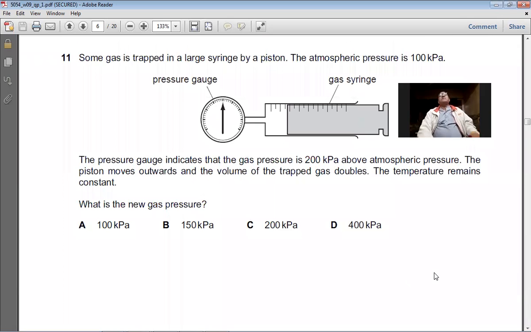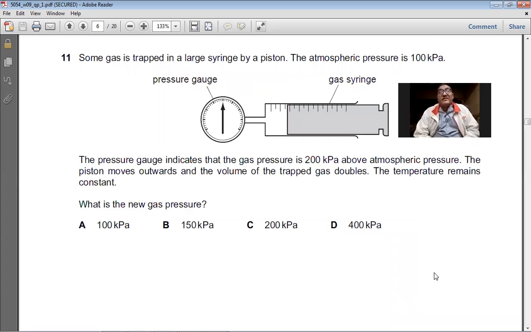It says some gas is trapped in a large syringe by a piston. The atmospheric pressure is 100 kilopascal. And the pressure gauge indicates that the gas pressure is 200 kilopascal above atmospheric pressure. The piston moves outward and the volume of the trapped gas doubles.